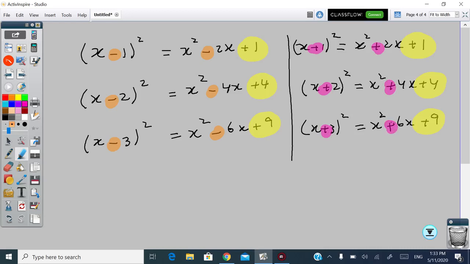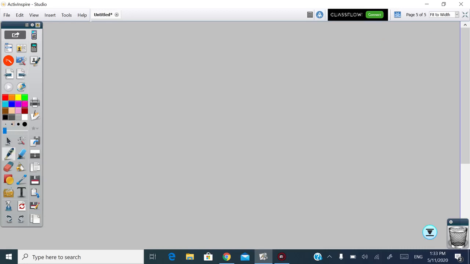So, one final example. Consider 3x squared minus 36x minus 12 equals 0.